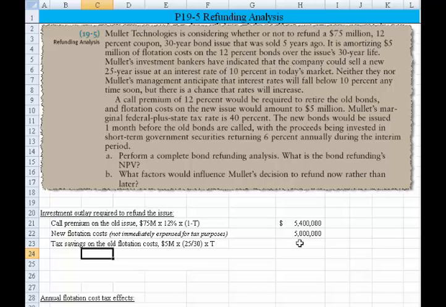Let me hit F2 and you'll see how I did that. It's essentially 5 million times 25/30ths, to show that we have 25 of 30 years left to amortize, times the 40%. We enter that as a negative because we're calculating the investment outlay, and that represents tax savings.